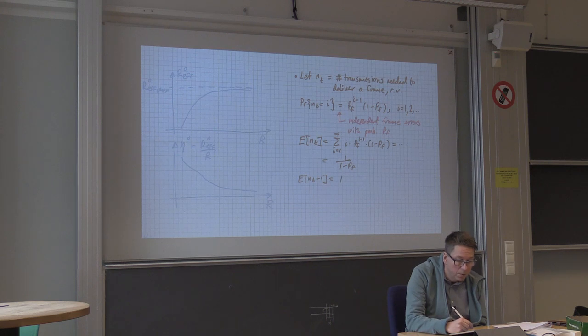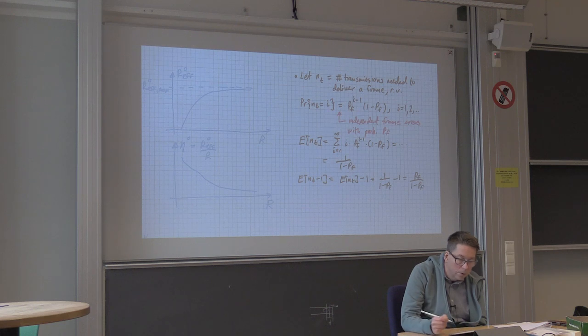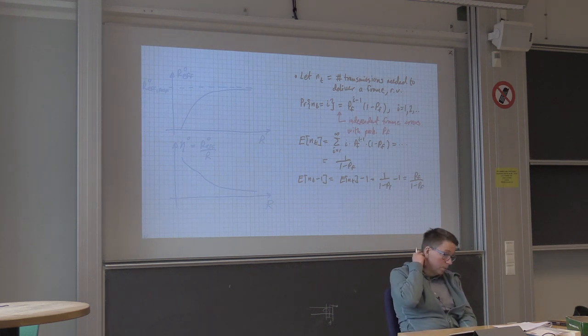By putting in 1 over 1 minus pf minus 1, we see that this is pf divided by 1 minus pf. So simple calculations here.